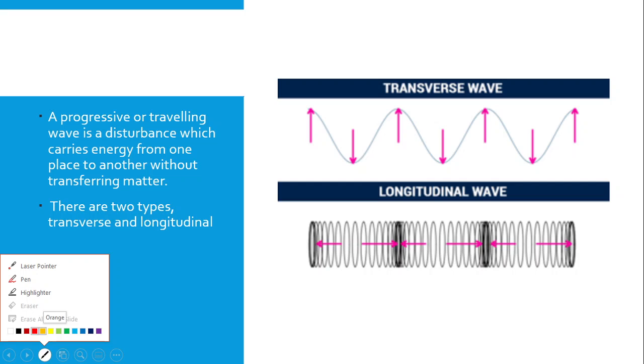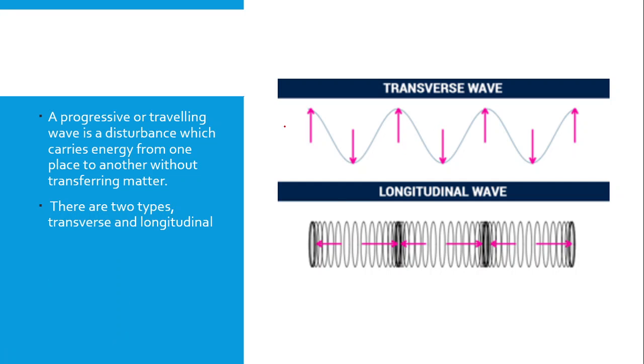However, in longitudinal waves, it is parallel to the direction of the propagation of waves. In both of these waves, the particle is vibrating or moving in a to and fro motion. However, the wave propagates in a continuous manner.